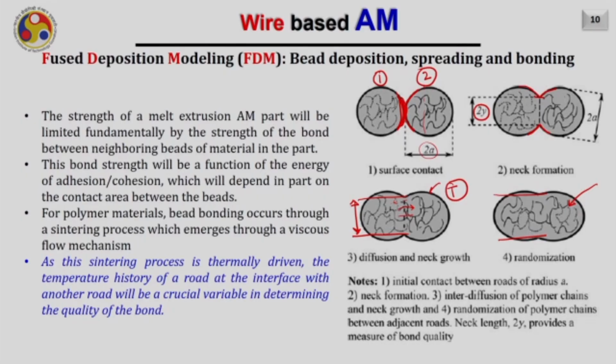Because due to the ambient condition, it may happen that your heat transfer rate is very high, and immediately when you deposit the material, the bead reaches room or ambient temperature very fast, and in that case your neck formation, or this process of sintering, may not happen appropriately.